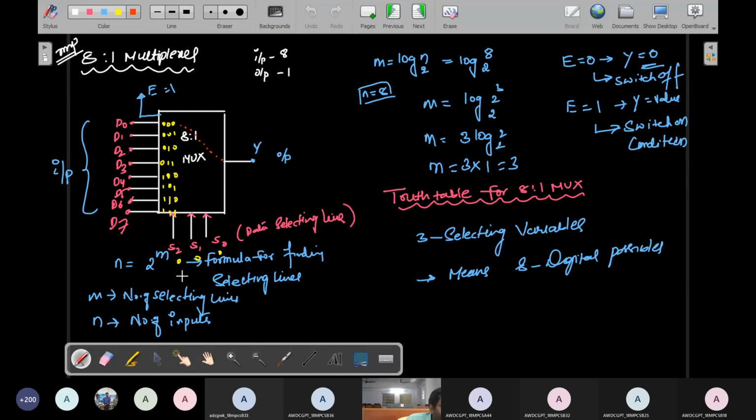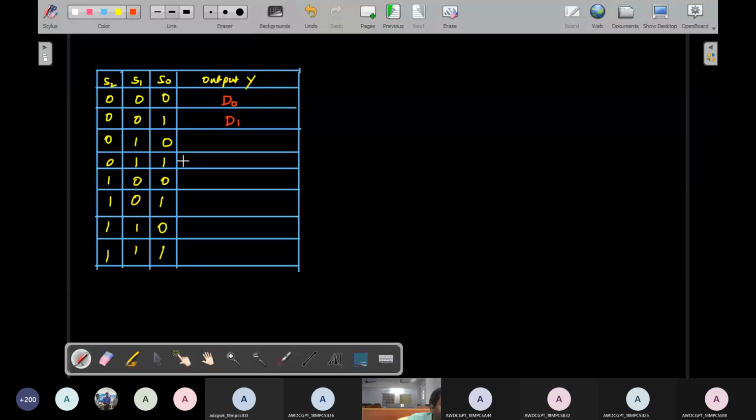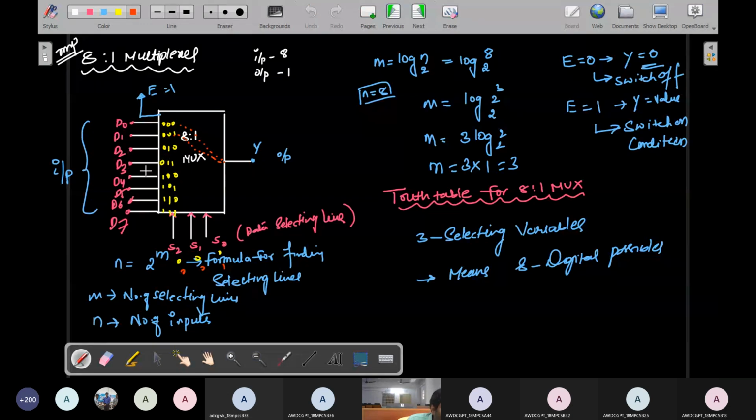Then if you give selecting inputs 0 0 1, your output is directly connected to the second input, that is D1. If you give 0 1 0 as selecting inputs, your output is connected to D2. Similarly 0 1 1, your output is selecting the D3 terminal. So this is the output selecting.